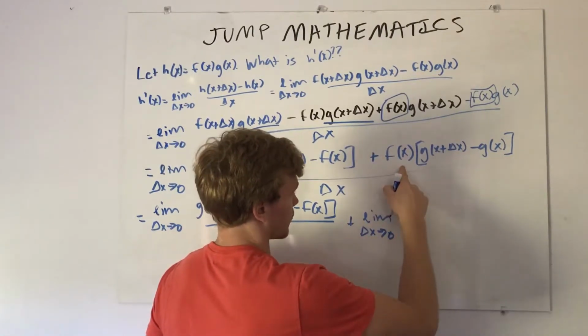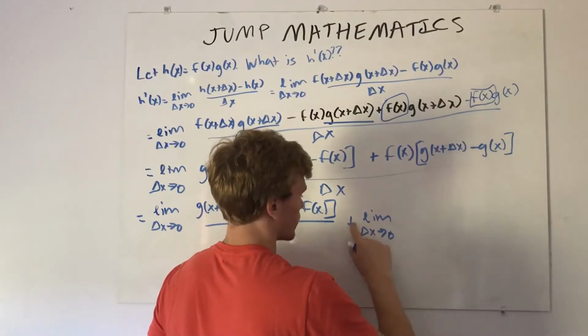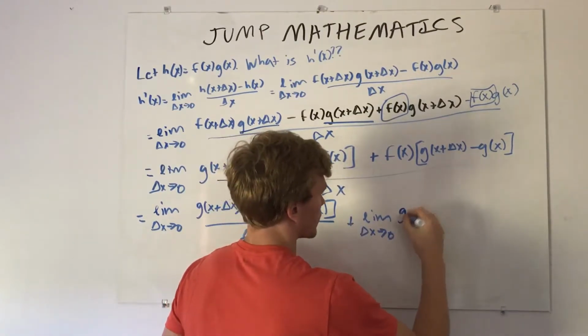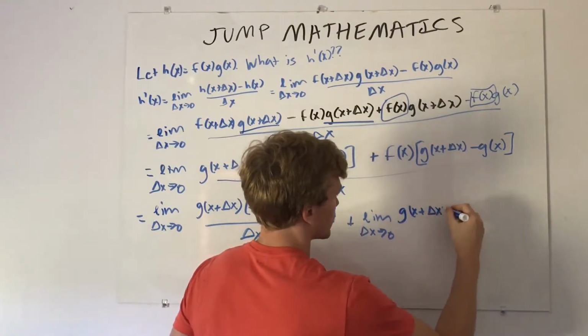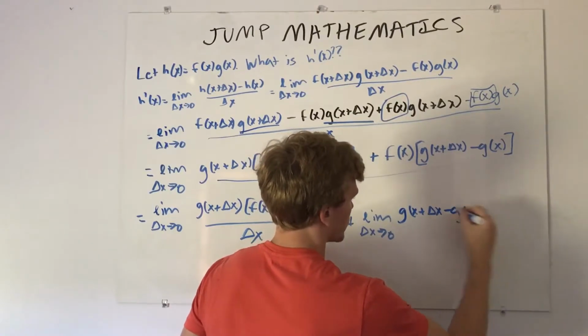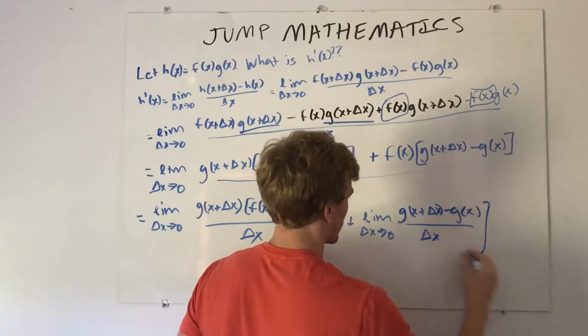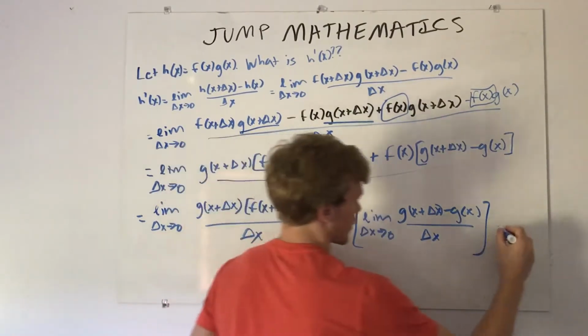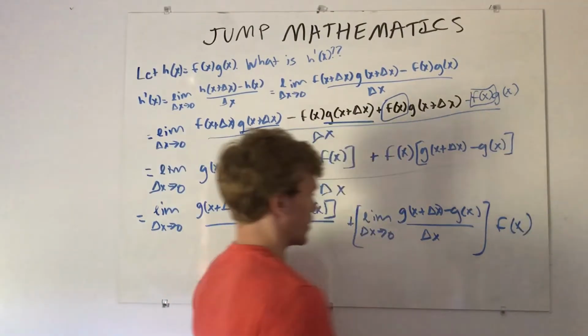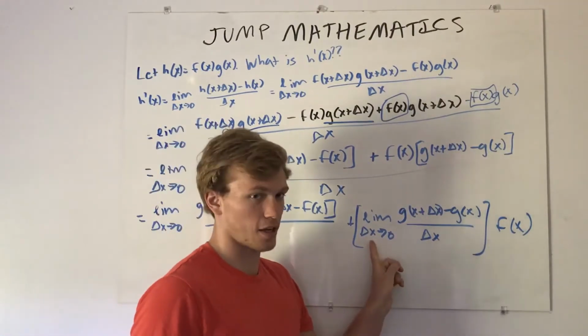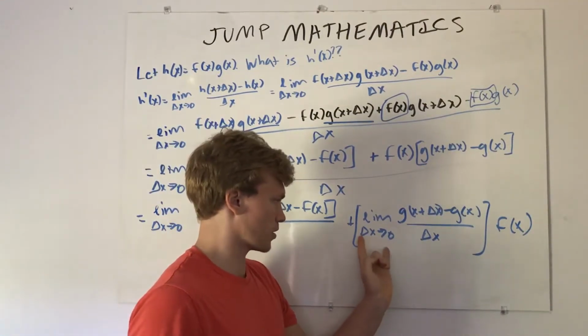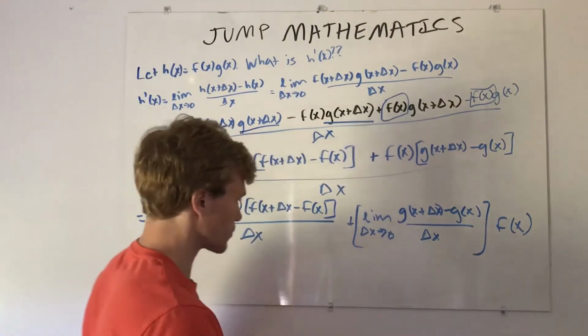Now right here I'm just going to factor out this f of x because it doesn't have any delta x's in it, and the only thing right here that is important to us is the delta x.